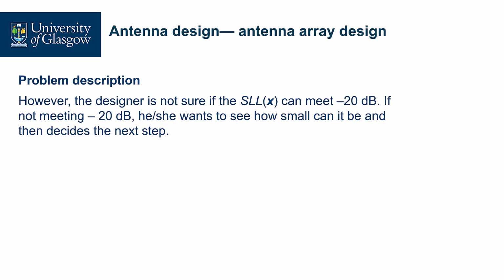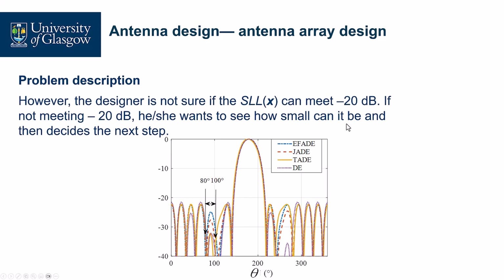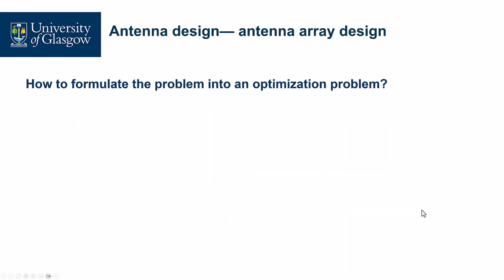If not meeting minus 20 dB, he or she wants to see how small it can be, and then decide the next step, right? So this is the optimization problem. Here I show the response of the antenna using different AI-based optimization techniques, and this is a response. Now we come back to formulate the problem.